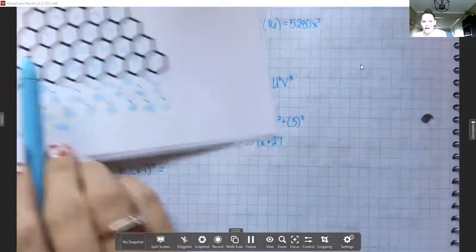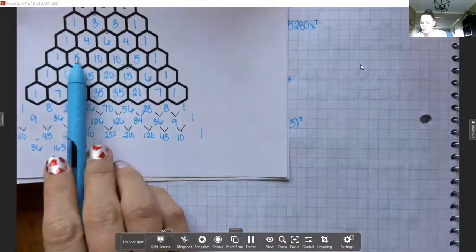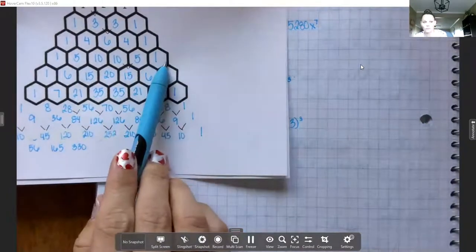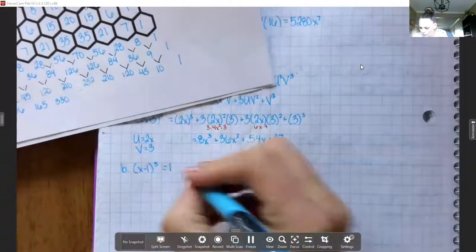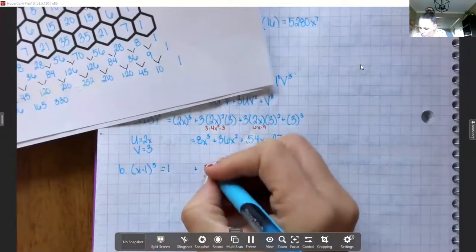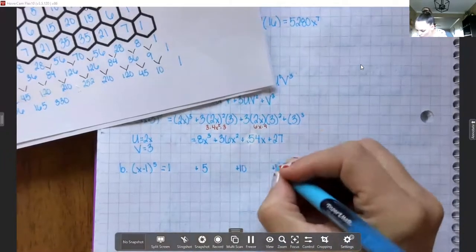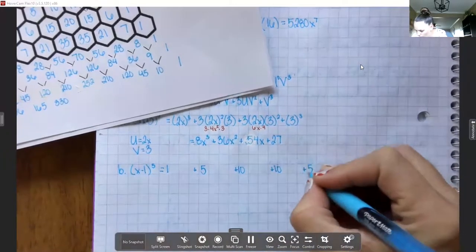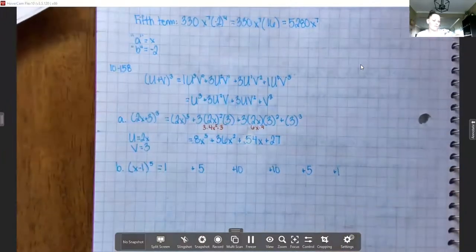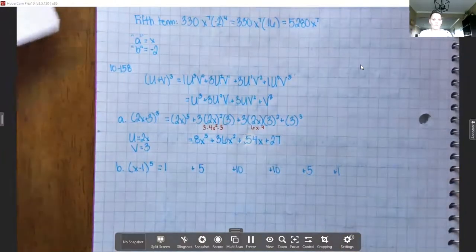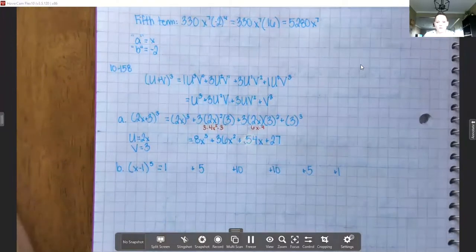We're going to go to row 5 and we're going to find our coefficients. 1, 5, 10, 10, 5, and 1. So again, you just go to that row to find your coefficients.